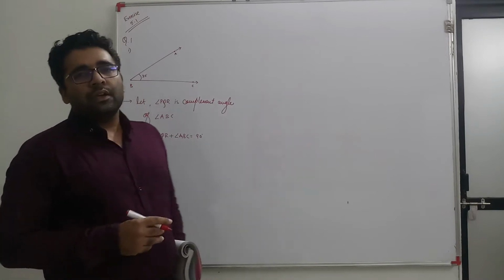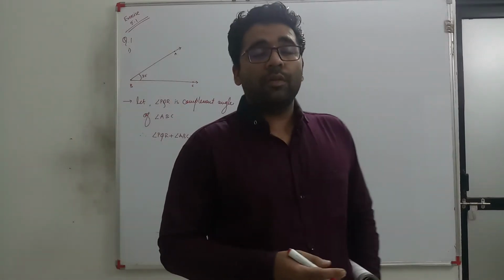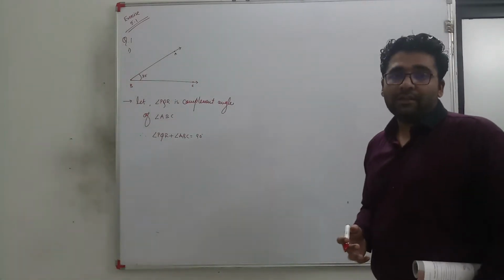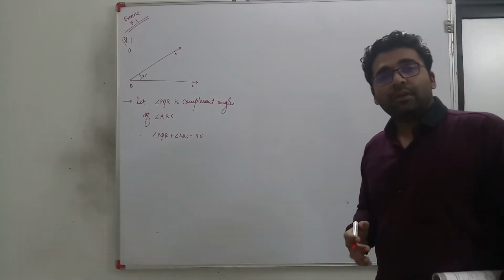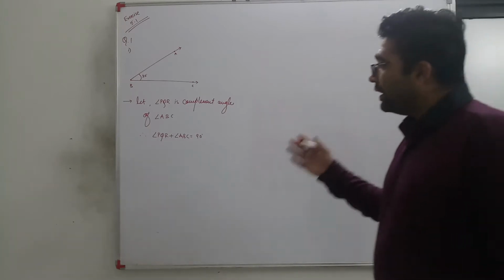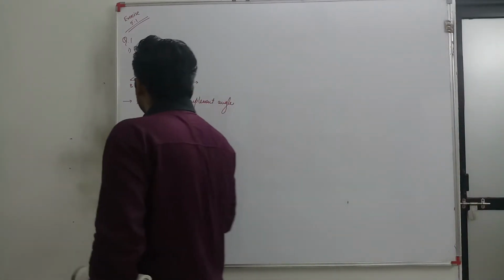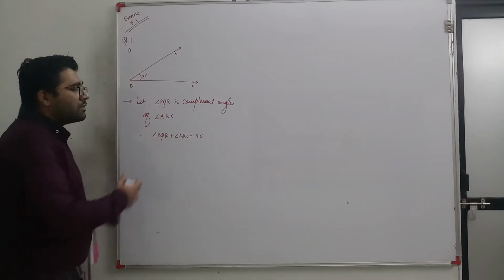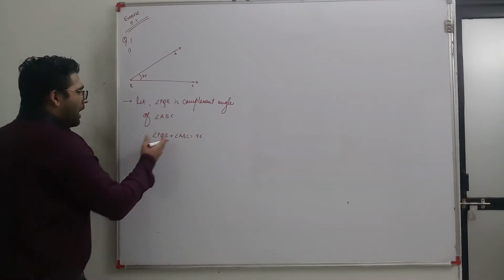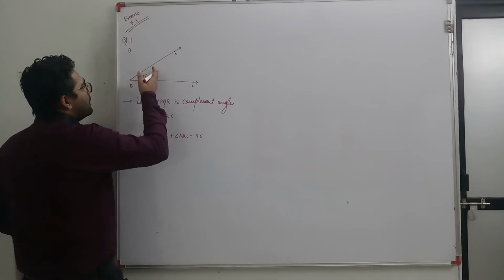Why 90 degree? As I said in the previous video, complementary angles are those angles in which the sum of the two angles is equal to 90 degree. So if I assume angle PQR is a complement angle, then the sum of these two angles is equal to 90 degree. Now, what is the value of ABC? That is 20 degree.